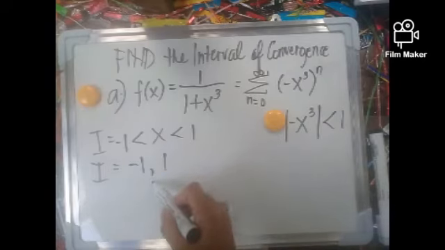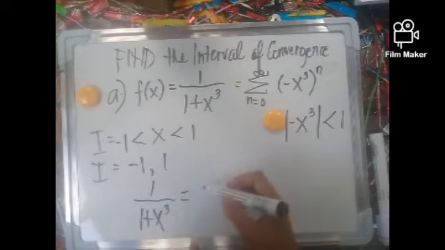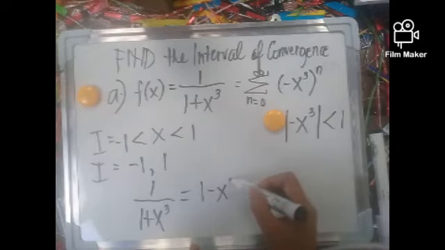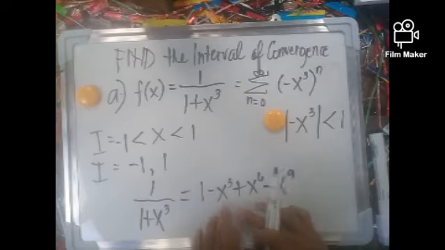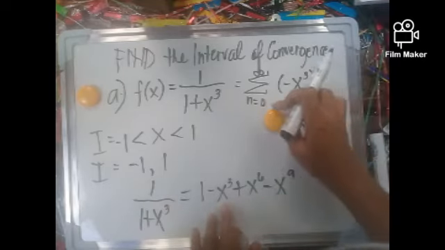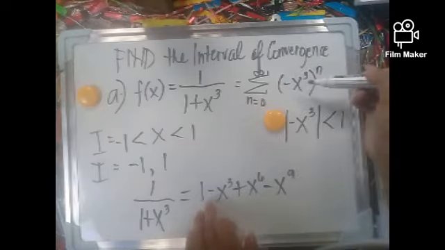So, the given 1 plus x cubed has the series 1, yung sinubstitute natin dito kanina, negative x cubed, positive x raised to 6, negative x raised to 9. So, paano natin nakukuha ito? Ipa-plug lang natin yung values ng n. So, from 0, we got 0, so it will become 1.